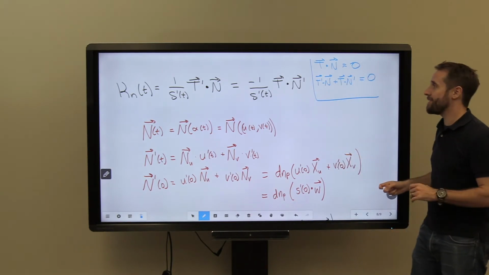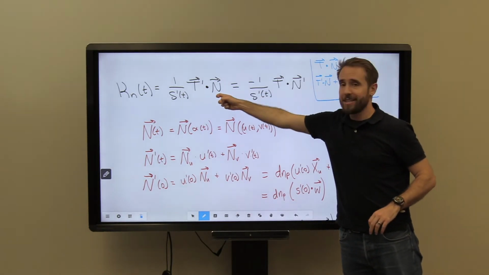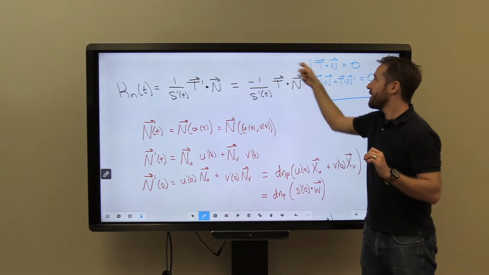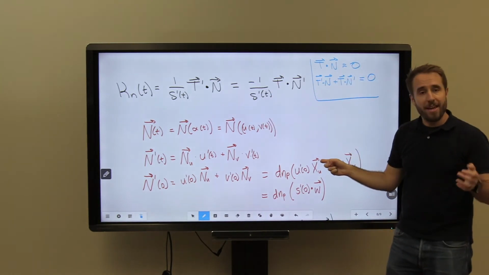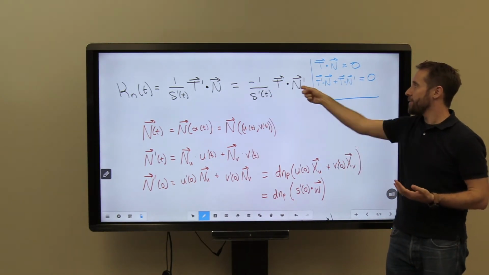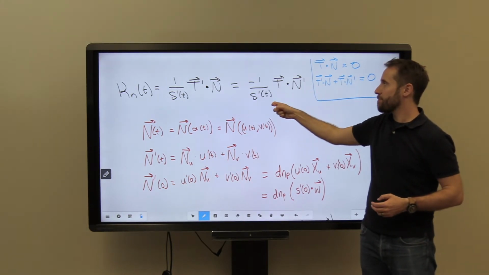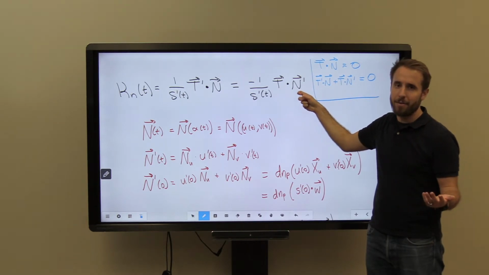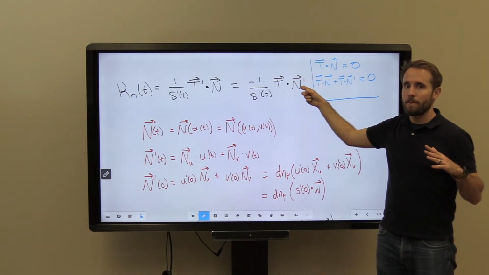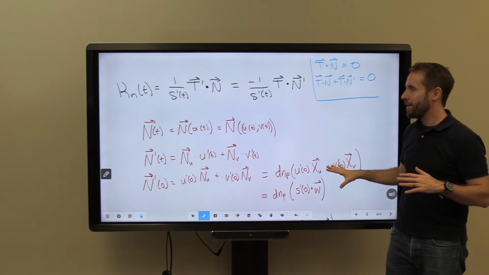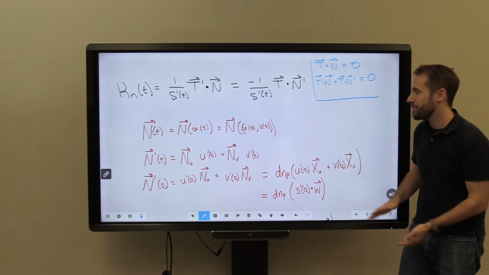So with that, I've rewritten my defined normal curvature in terms of this. And then I just have to figure out a nice way to express N prime, right? So if this is negative 1 over s prime and then T dot N prime, what is N prime? Well, let's look here in this red area, for these red equations.